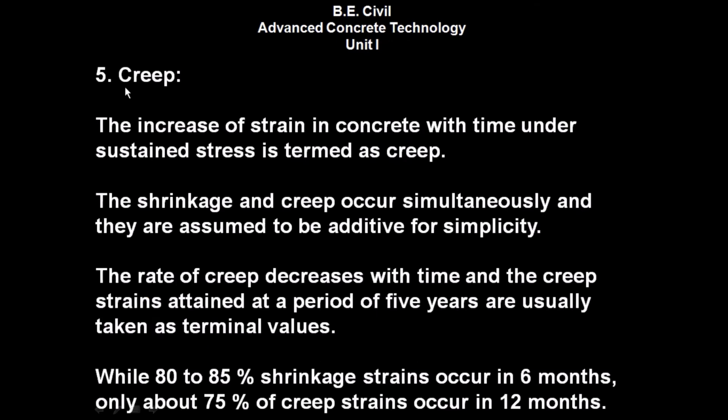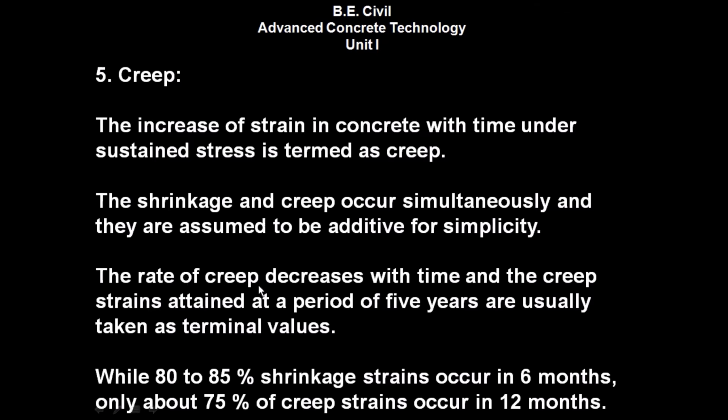Fifth property of the hardened concrete is creep. The increase of strain in concrete with time under sustained stress is termed creep. The shrinkage and the creep occur simultaneously, and they are assumed to be additive for simplicity.